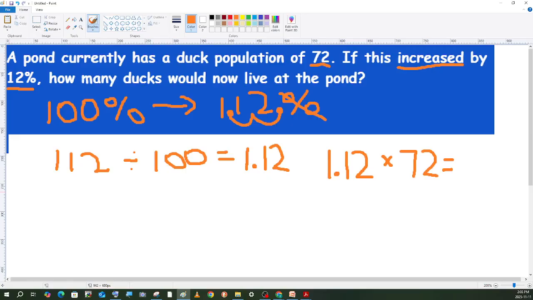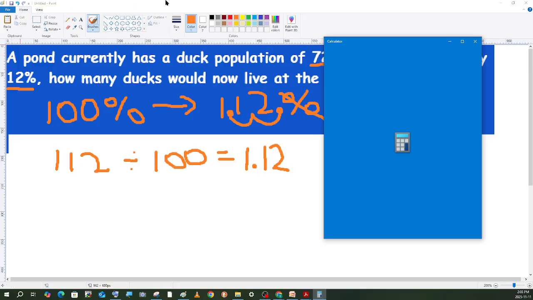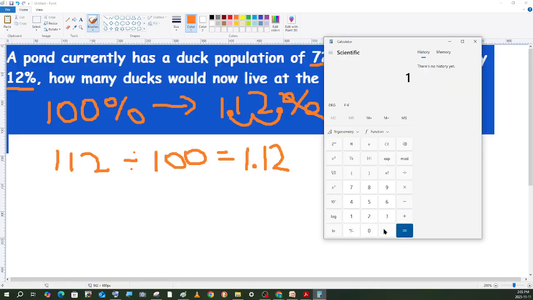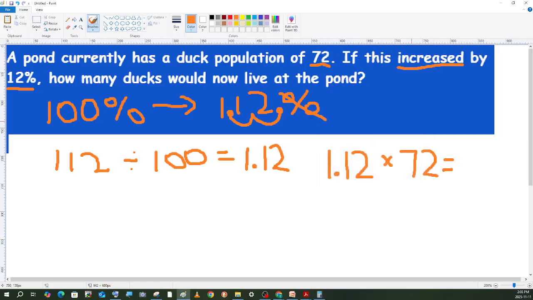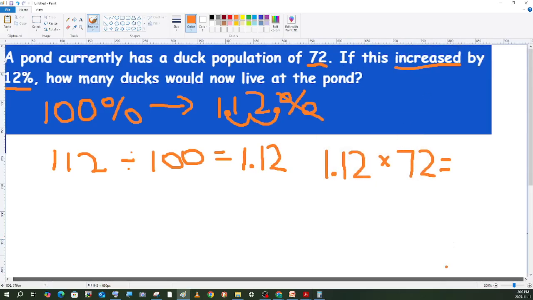Let's pull up the calculator and find out what the answer actually is. It's 1.12 times 72, and that gives us 80.64. Interesting.